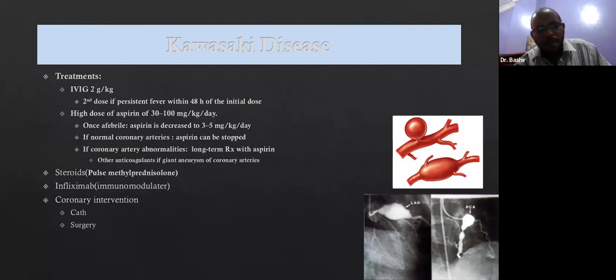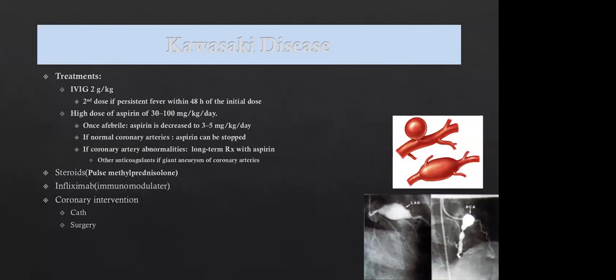Regarding coronary involvement, if the child is not treated, it is up to 25%. But with treatment, especially IVIG, studies found that it reduces coronary involvement to less than 5%.